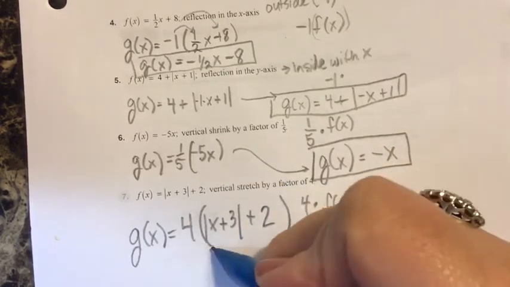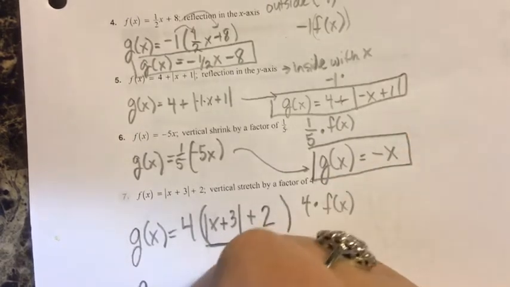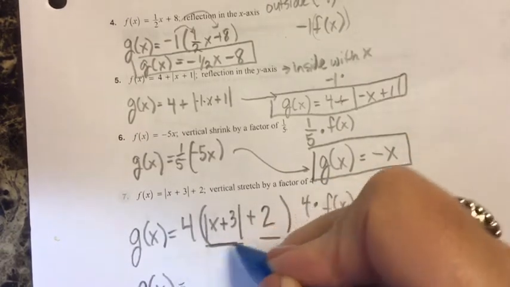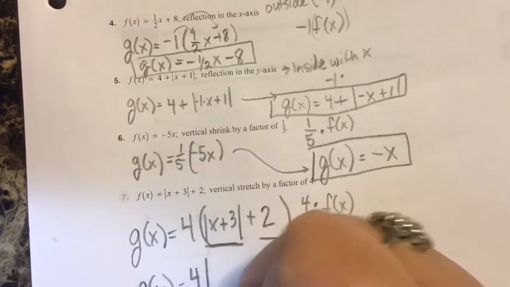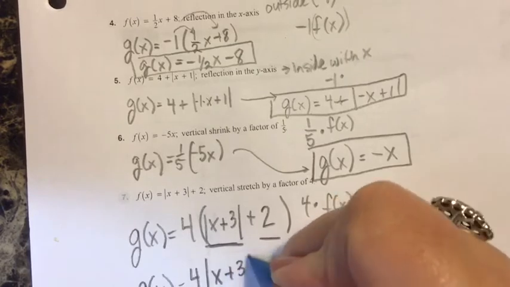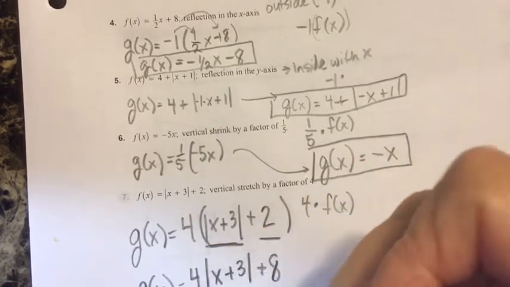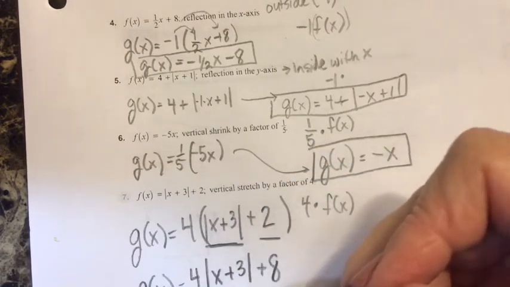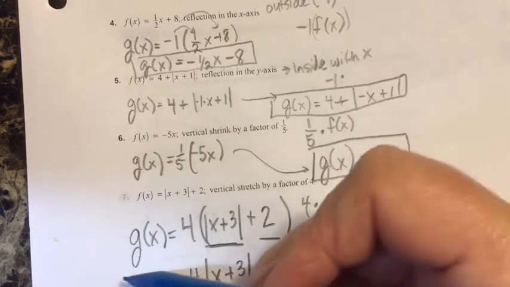You're doing 4 times this and 4 times this. When you multiply 4 times the absolute value of x plus 3, please leave it as 4 times the absolute value of x plus 3. 4 times 2 is positive 8. So my new function is g of x equals 4 times the absolute value of x plus 3 plus 8.